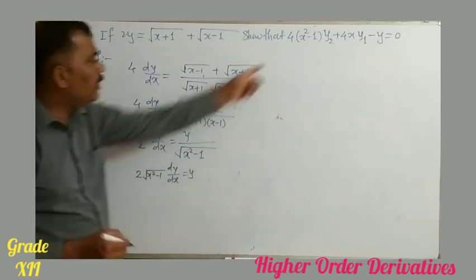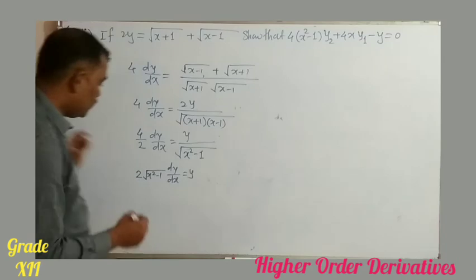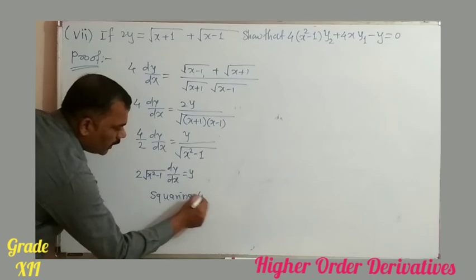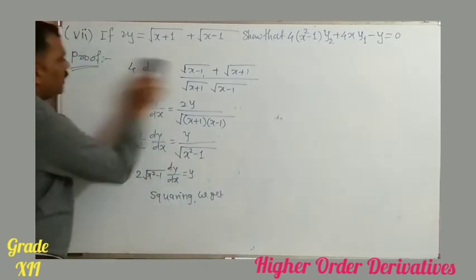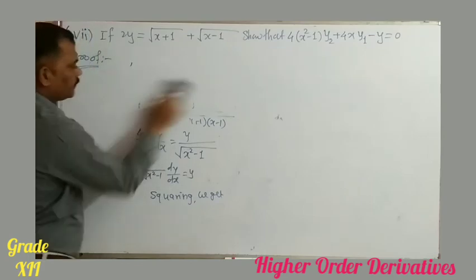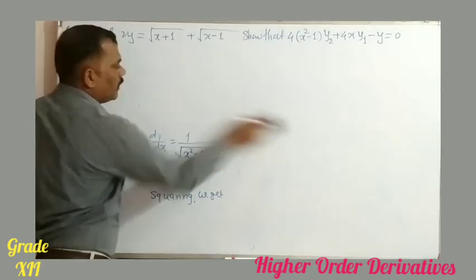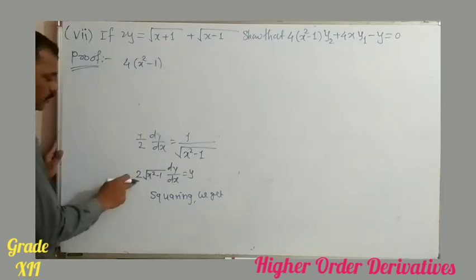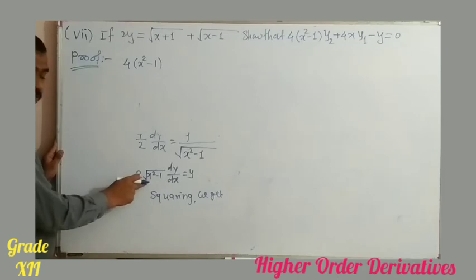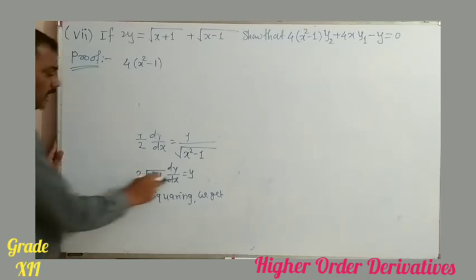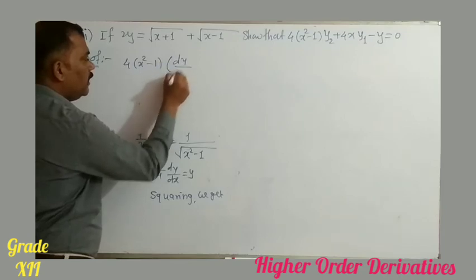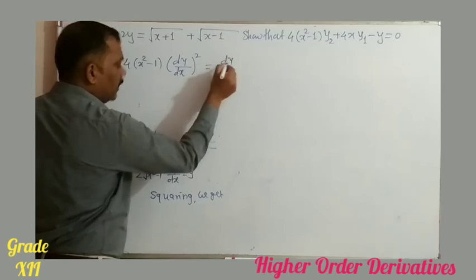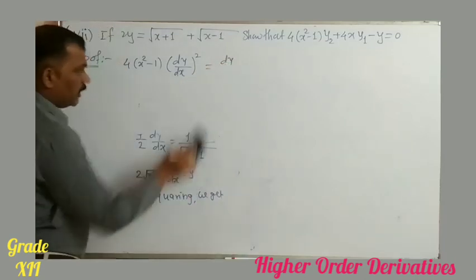Squaring both sides, because we require the x square minus 1, we get 4 into x square minus 1, since 2 square is 4, and the square and square root of x square minus 1 get cancelled, into dy by dx bracket square is equal to y square.